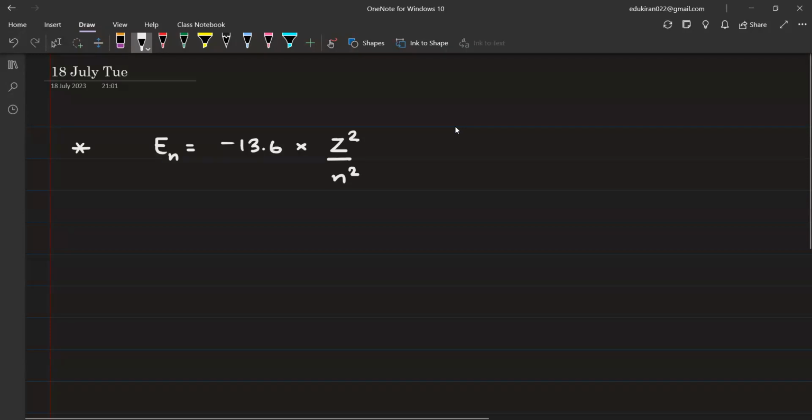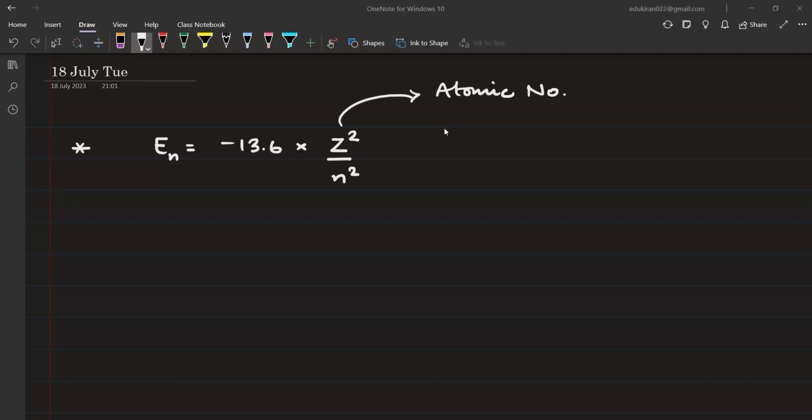Z is the atomic number, which depends on whether you are in a hydrogen, helium or lithium atom, and n is the orbit you are checking. You just need to plug in those values.